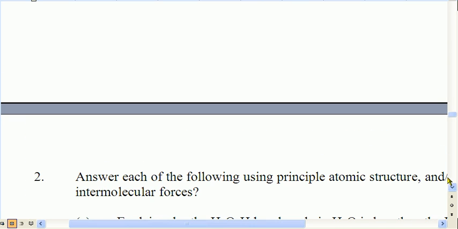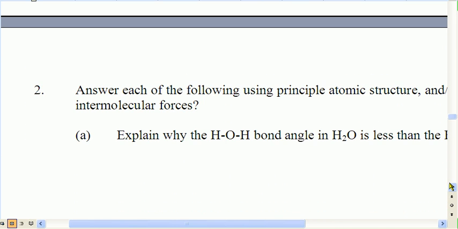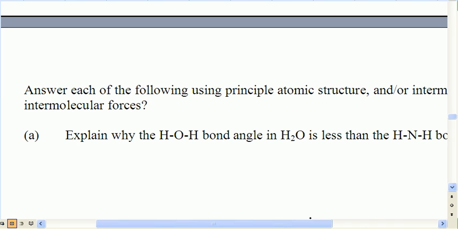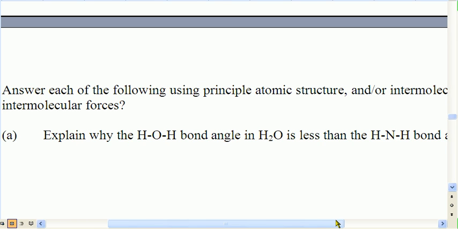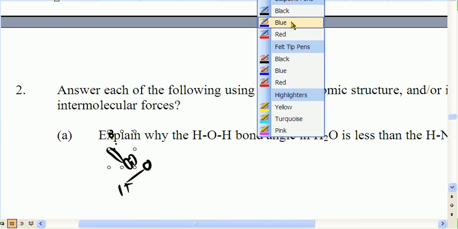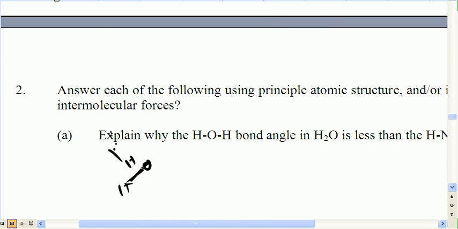Okay, answer each of the following here using principles of atomic structure, intermolecular interactions. Okay, explain why the H-O-H bond angle is less than in NH3. Okay, well, if you look at this, they're talking about this bond. Okay, so they're talking about that bond angle.